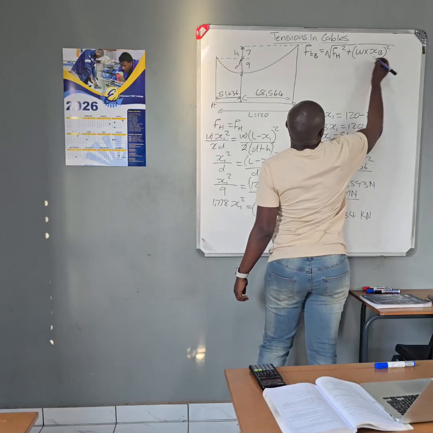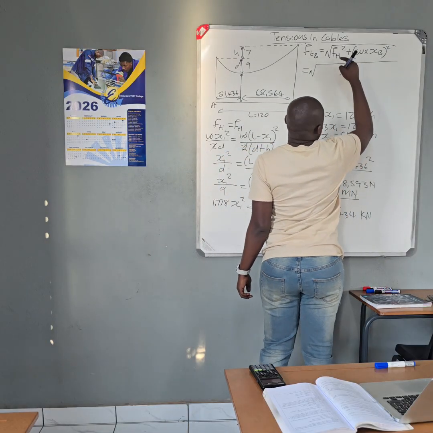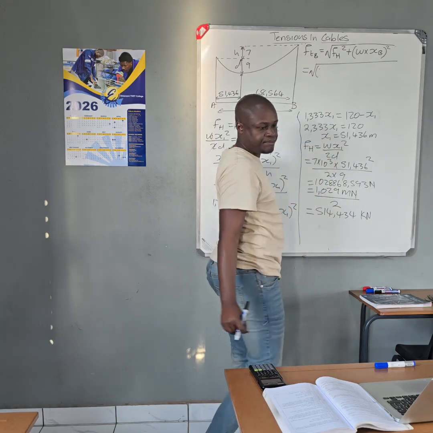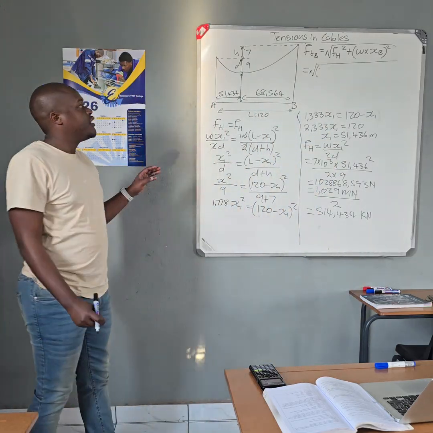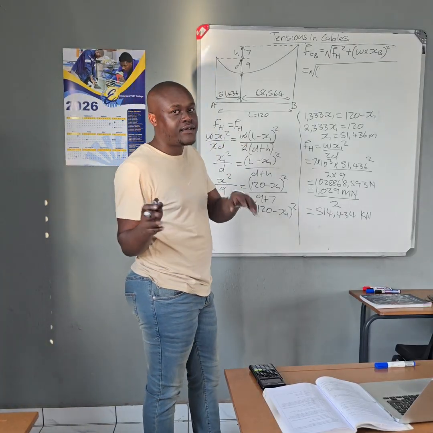All this is going to be squared. So our FH is what? It is 514. Okay. So let's calculate for both cables and we'll divide the final answer.